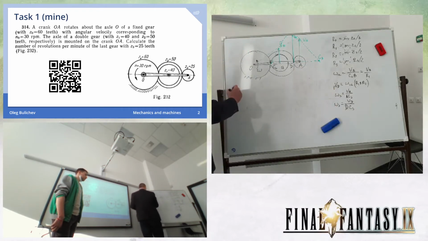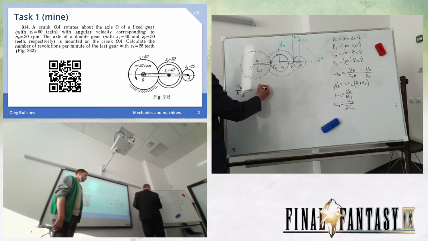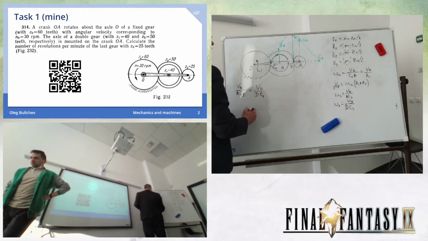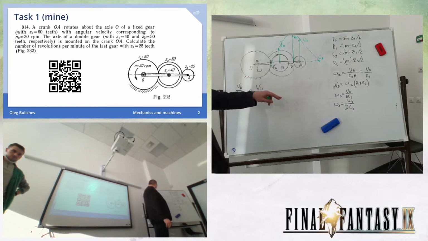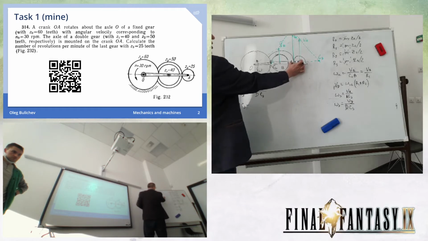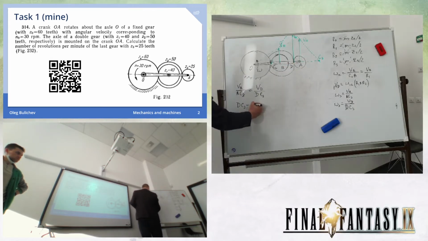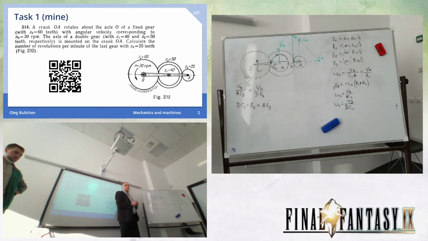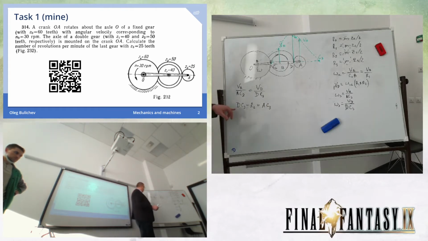Of course we can rewrite it as VA times AC3 equals VD times DC3, and the same way, DC3 minus the distance between D and A, so it is radius R3, is equal to AC3.